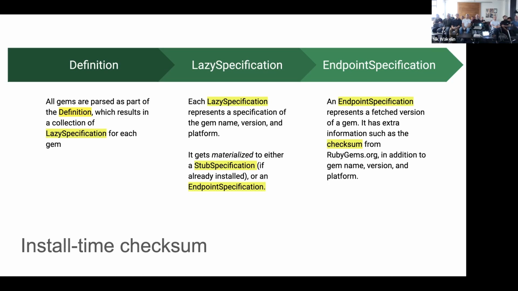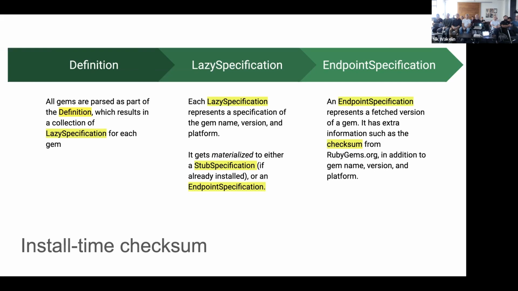And then because Bundler has a few subcommands, right? For example, if you run bundler check, you're telling Bundler not to do anything really, just kind of check stuff, right? So it's going to remain lazy. But if you run bundler install, that means you're telling Bundler to do work, and it stops being lazy now. It's going to call the materialize operation. And when it calls the materialize method, it converts itself into either stub specification.